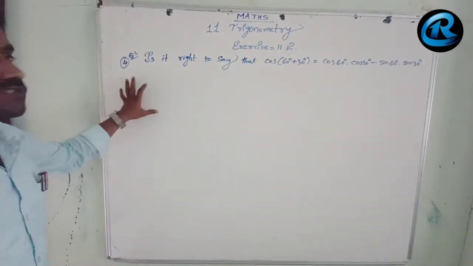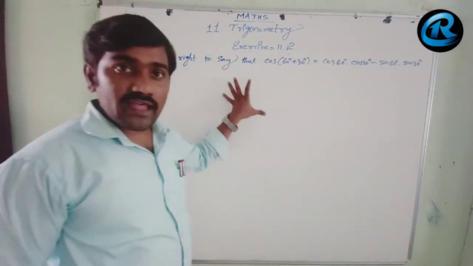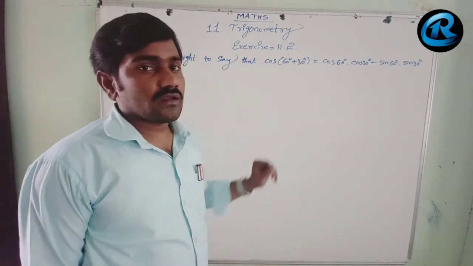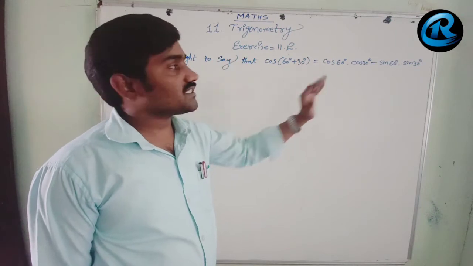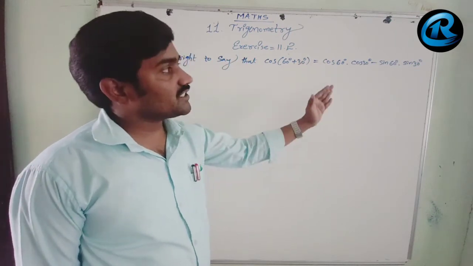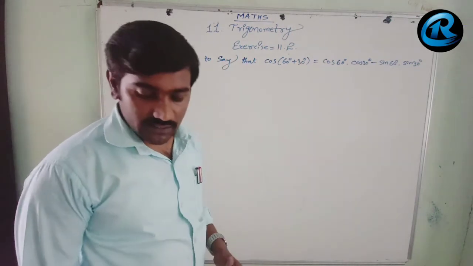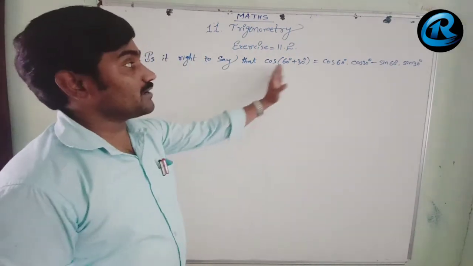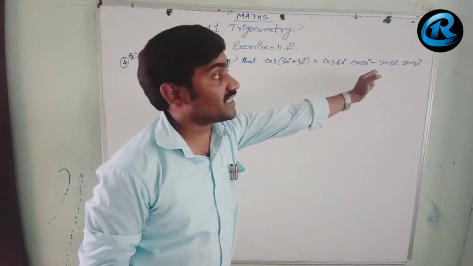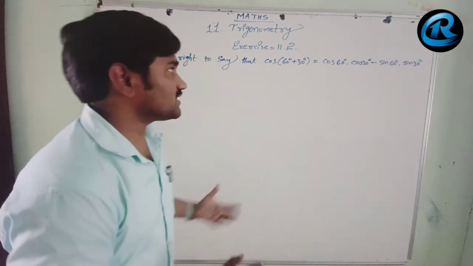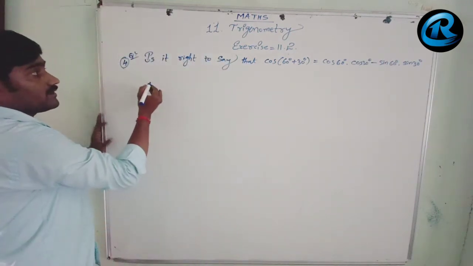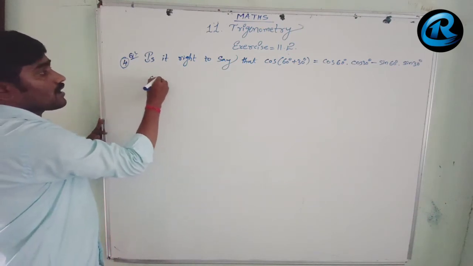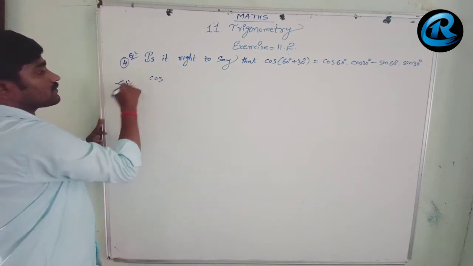Now the fourth question: is it right to say that cos(60 degrees plus 30 degrees) equals cos 60 into cos 30 minus sin 60 into sin 30? Yes, if you know the formula cos(A+B) equals cos A cos B minus sin A sin B, we can say it is right. Let us go for the solution.